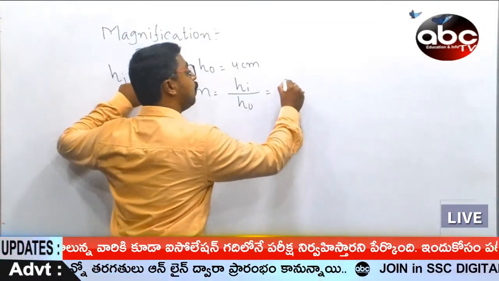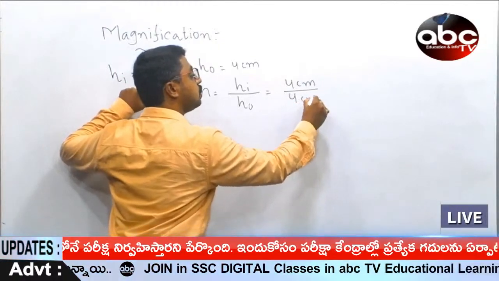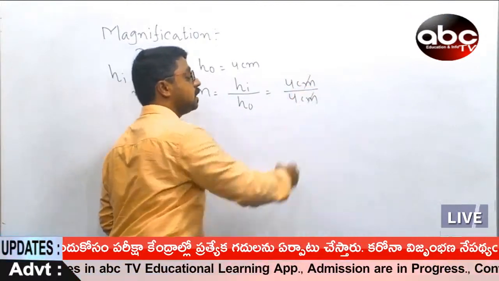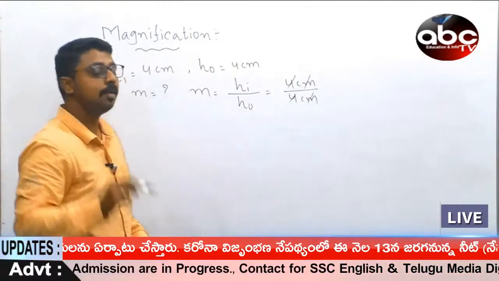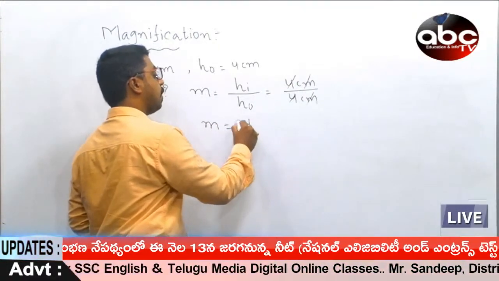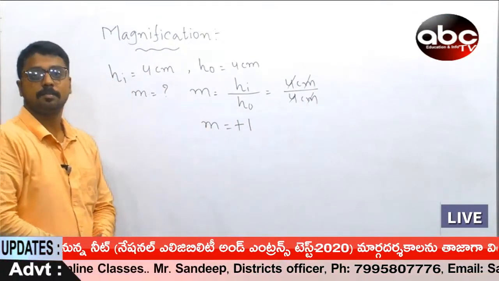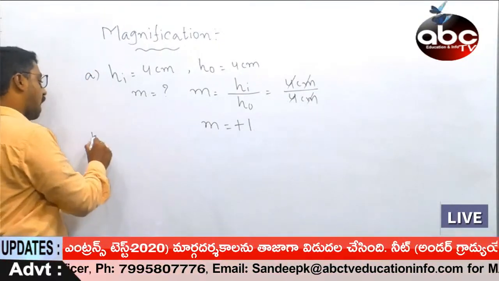This is 4 centimeters, by object which is also 4 centimeters. Naturally, the centimeter cancels and 4 cancels, giving a magnification of plus 1. Okay, now listen to this question. I will take another module.